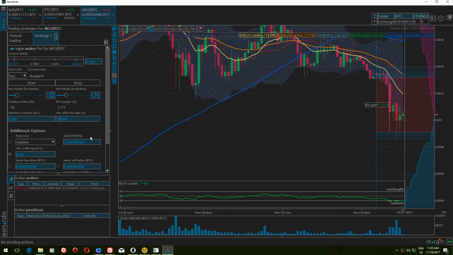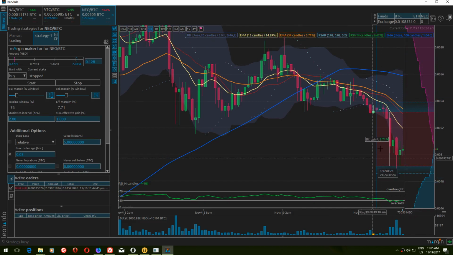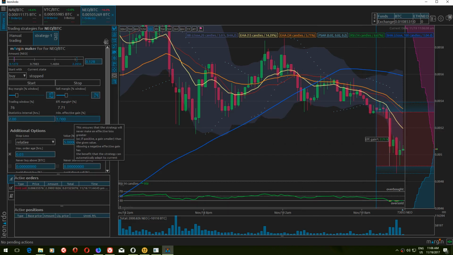So if I put -5, what this option here does is that you can tell the bot what your minimum gain is that you want. So if I put 1%, that means when the bot is calculating, and once it gets a buy, it will never put a sell below 1% gain in this case, or 2% or 3 or 5.